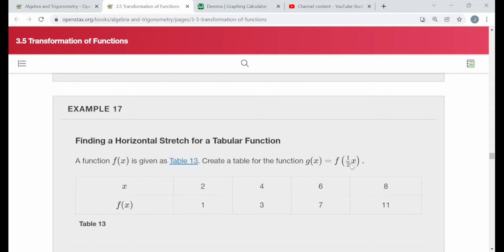And if you recall from horizontal shifts, when something's done to the inside of the function, it causes horizontal transformations. When something's done to the outside of the function, it causes vertical transformations. All right, so I'll write this out, and we'll talk about how we would figure out inputs and outputs for this function g.